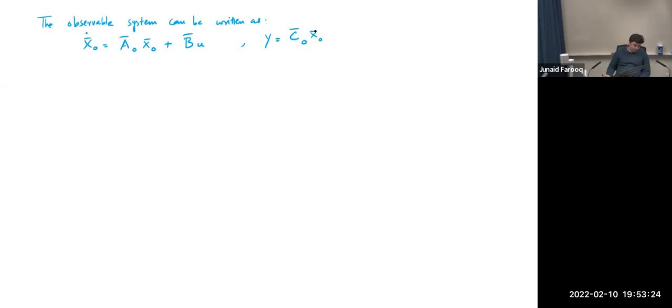Right, so if you do it, you will realize that you'll get two subsystems, right? So unobservable similarly in that style.